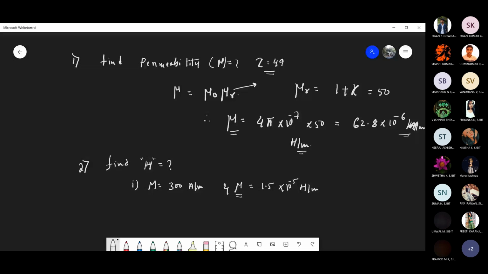Second sub question: if B is given, B is equal to 150 micro Tesla. They will get confused with mu, so let me write this as micro.